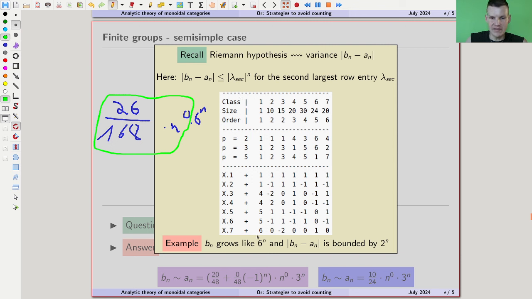So in this case, the largest one is 6, the second largest one is, again in absolute value, 2, so the variance is bounded by 2 to the n, which is really good because it grows like 6 to the n, and so the 2 to the n is actually not that much compared to 6 to the n. So you can also answer all questions explicitly in this generality, which is exactly the story I want to sell. It's remarkable, really remarkable.